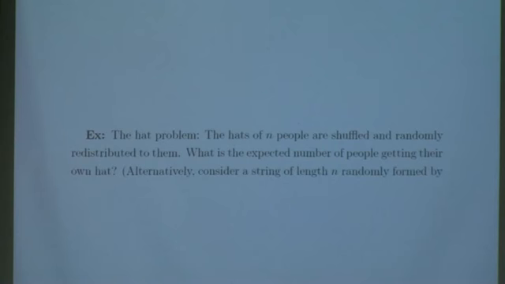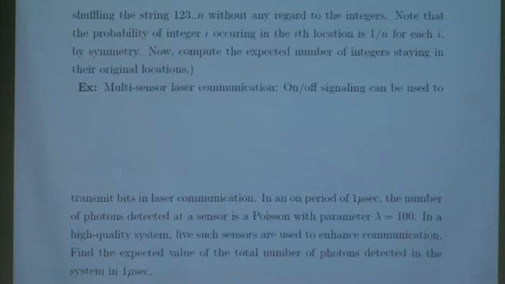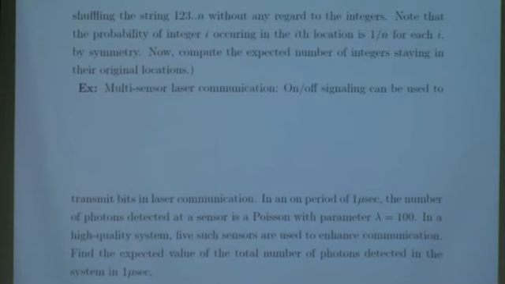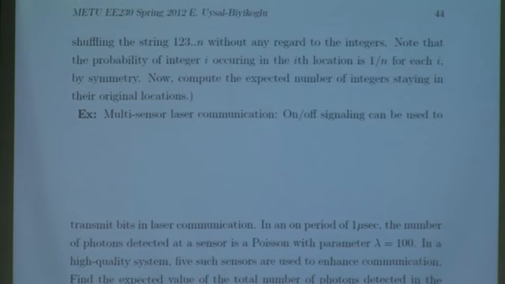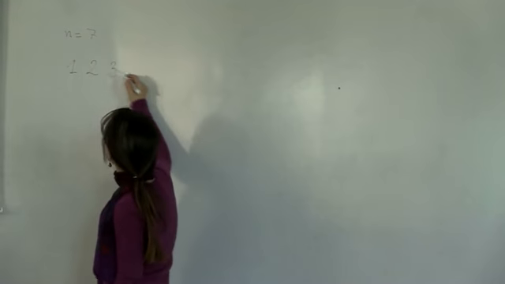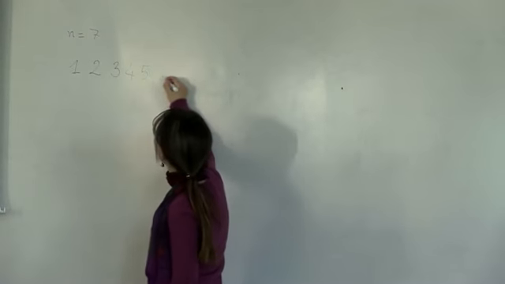Consider a string of length n randomly formed by shuffling the string 1, 2, 3, 4 up to n. Let's write this down. So for example, let n be equal to 7. Our string is formed by shuffling 1, 2, 3, 4, 5, 6, 7.